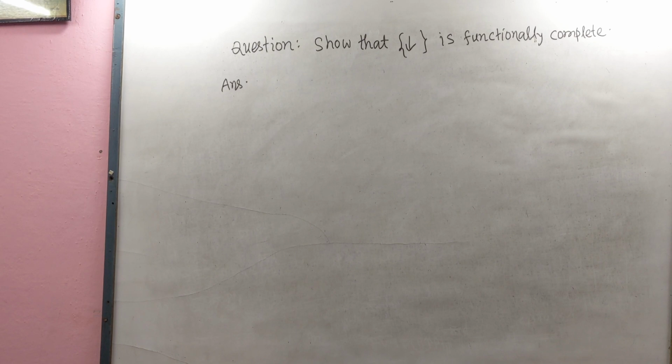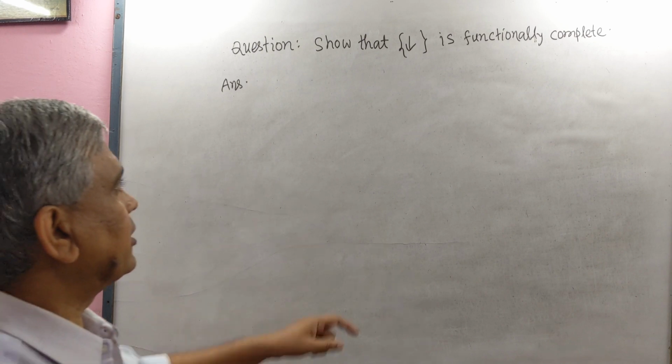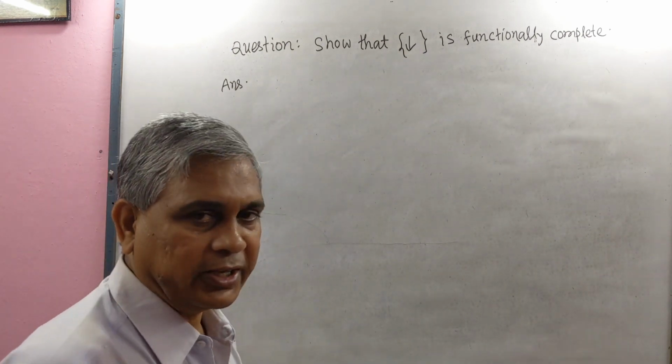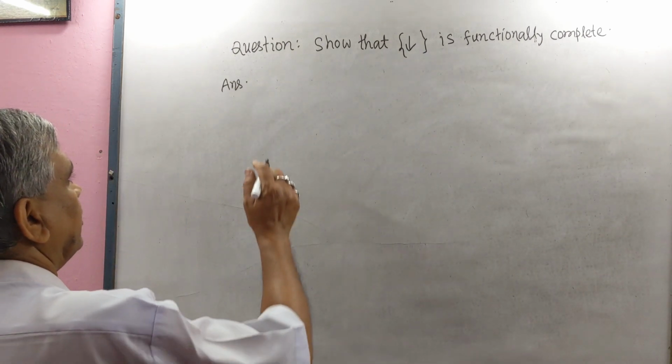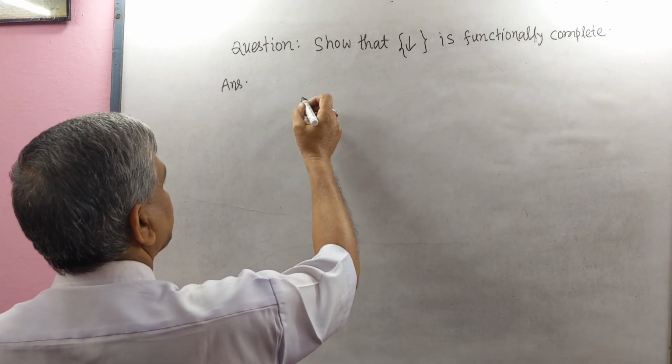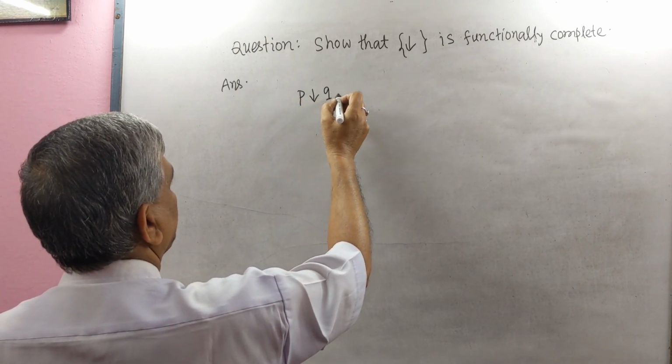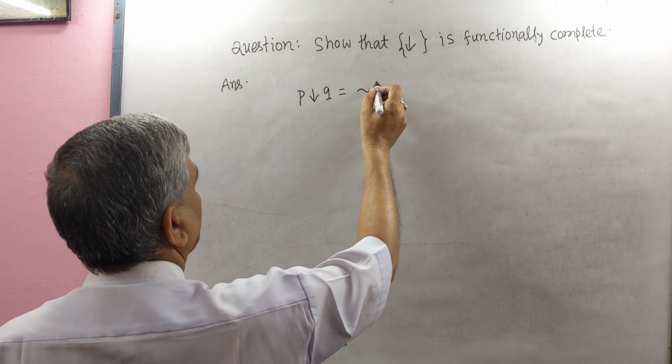Now we shall show that the set containing the connective NOR is functionally complete. Let P and Q be two statements. P NOR Q means not or.